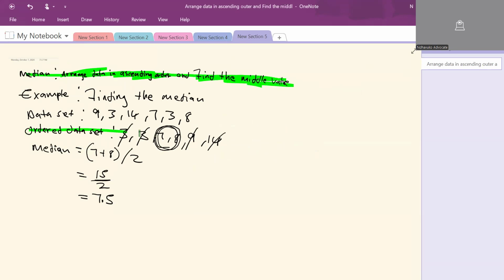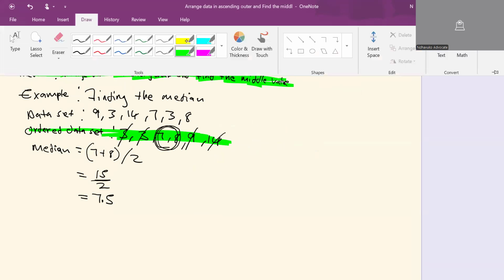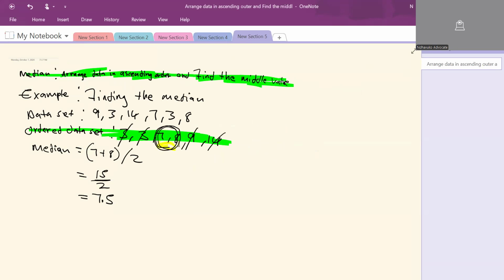Here we had 3, 3, 7, 8, 9, 14 in ascending order. Then we find the middle value. The middle value here was confusing because there are two numbers, 7 and 8. So we add them, 7 plus 8, divided by 2, which is 15 divided by 2, which is 7.5. That's how you deal with it.